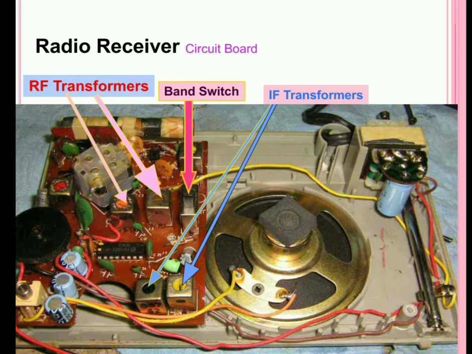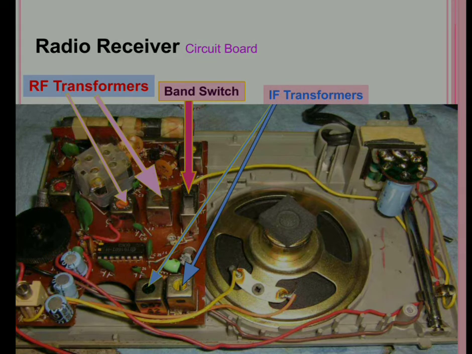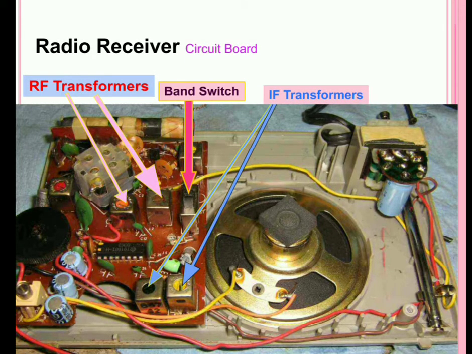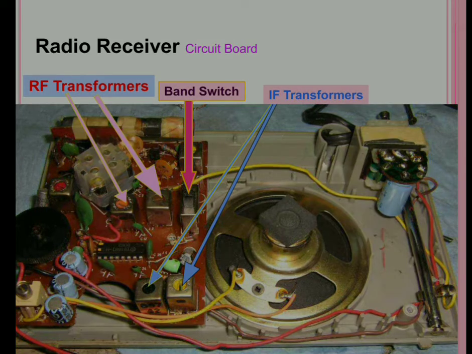The bandwidth of this tuning will be in the audio range, that is 20 kilohertz, and the normal IF frequency is 455 kilohertz, which is the standard in radio receivers. You will be having these two IFTs, they are called intermediate frequency transformers. They will be two, one at the input and the other at the output of the IF amplifier.